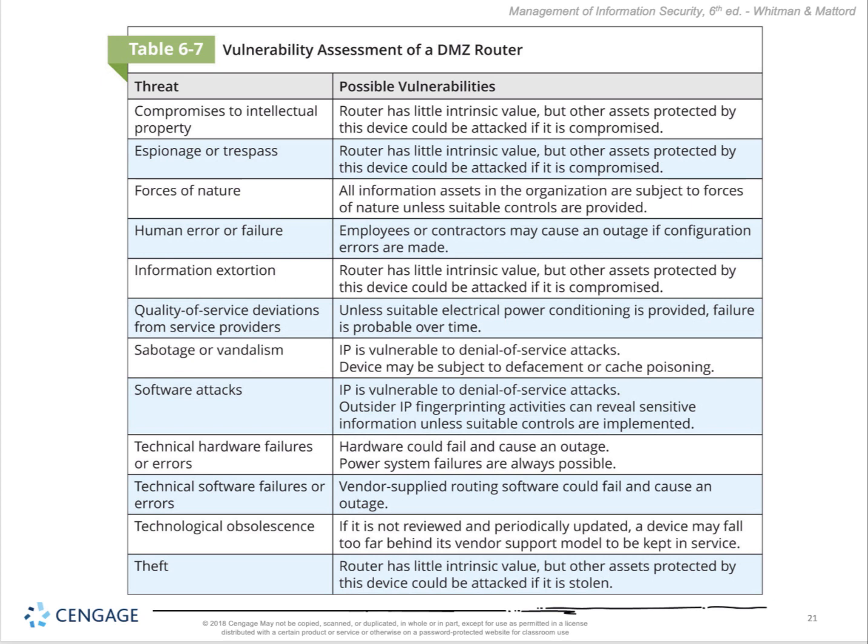So the likelihood is the chance of a vulnerability being exploited by a threat. And the impact is, in case this vulnerability is exploited, what is the impact? What is the damage? How bad is it going to be?